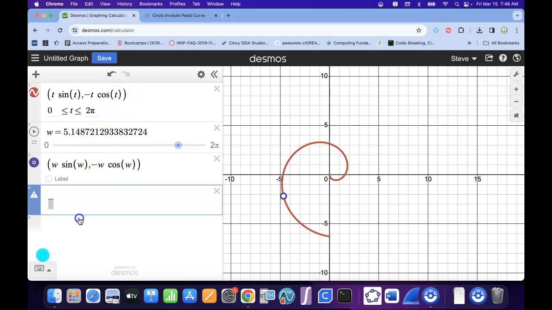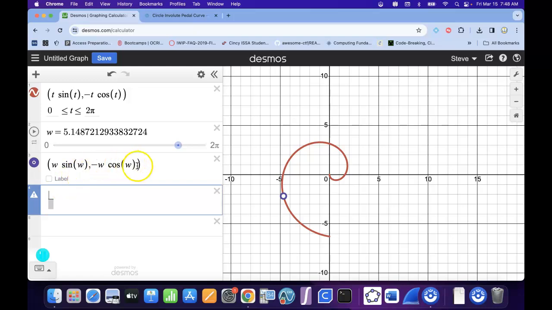So I'm really going to take the derivative of this, but I'm going to use w's in it so the slope will change relative to this point. If I use t's, I'm going to make a graph. I don't want to make a graph. I just want to get a number that will change.